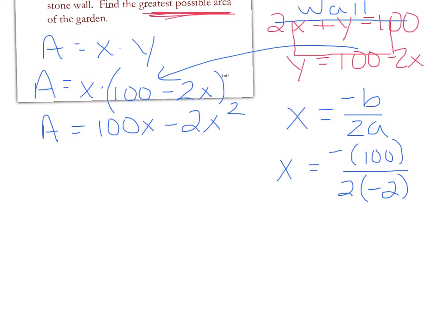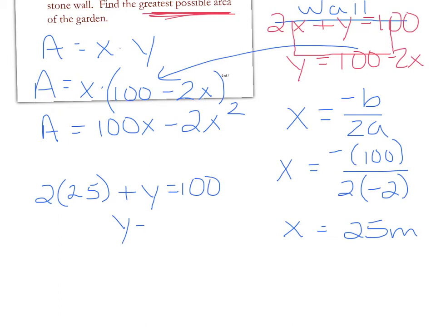And when you do that, you're going to get x to be 25 meters. So plugging it back in, you have 2 times 25 plus y has to be 100. So you have 50 plus y equals 100, so y is going to be 50 meters.